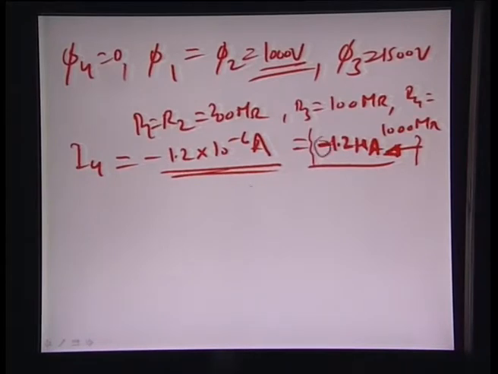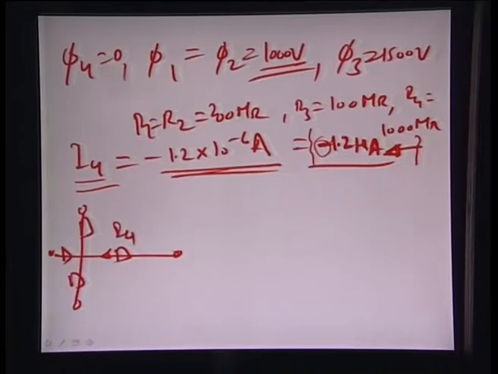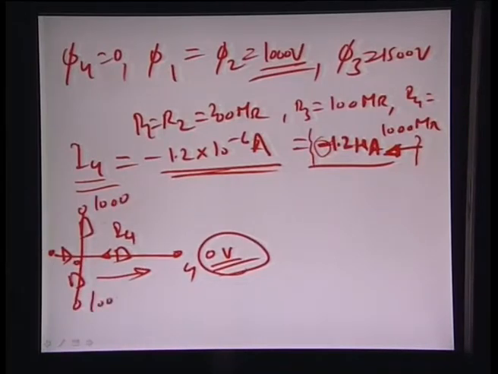The minus sign here also suggests that the direction of I4 is opposite to what was assumed. If you assume that this network had currents all converging into the node, I4 was assumed to be from 4 to 0. Essentially it is in the other direction, which makes sense because you have applied a 0 volt potential here, and all the other potentials, thousands of volts on both ends and 1500 volts here, would be pushing all the fluid towards junction 4.